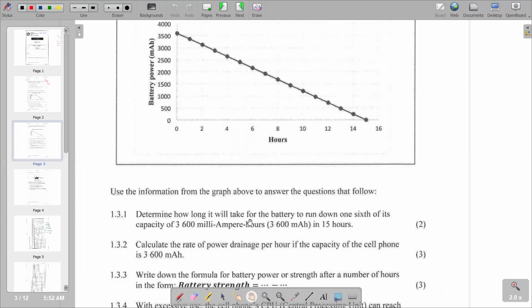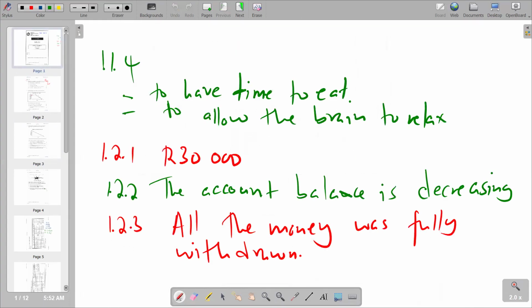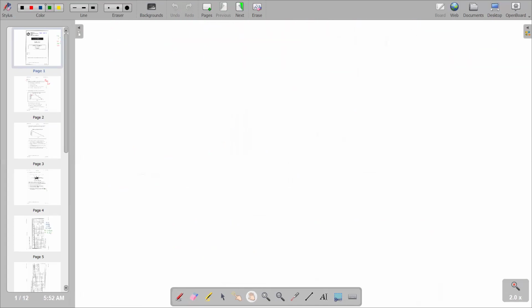So obviously, the key is how long it will take for the battery to run down 1/6 of its capacity. So basically, it's going to be 1/6 of 15 hours, so that you can quickly find the time that we need. So we are saying 1.3.1.